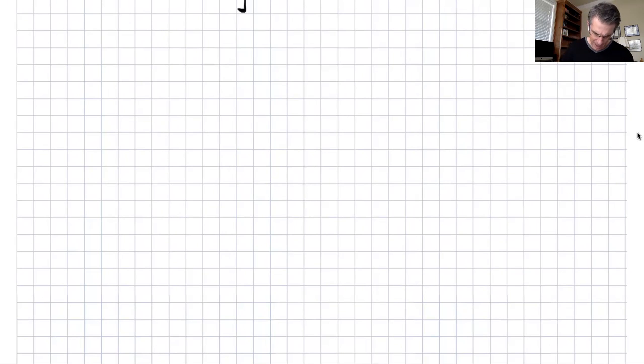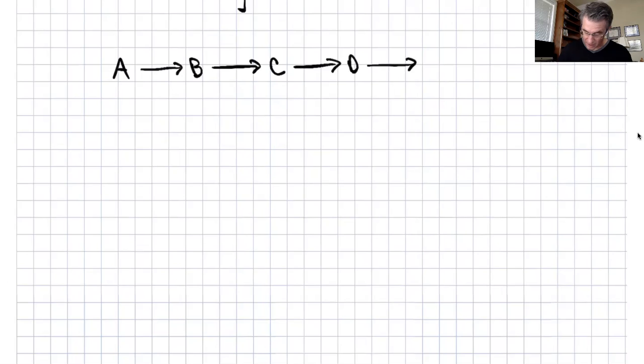Let's say I had a substrate molecule, we'll call it A, right? And A turns into B, and B turns into C, and C turns into D, and D turns into X, right? And we got a set of enzymes here. We got enzyme 1, enzyme 2, enzyme 3, enzyme 4, right?